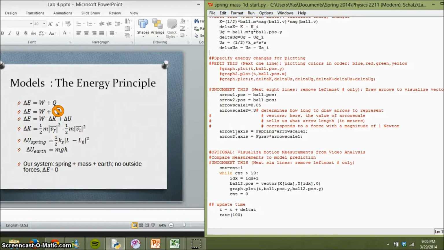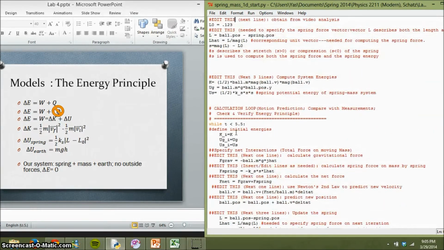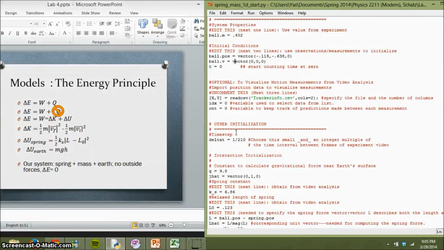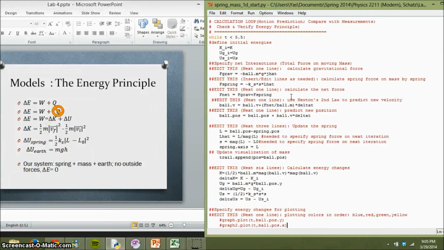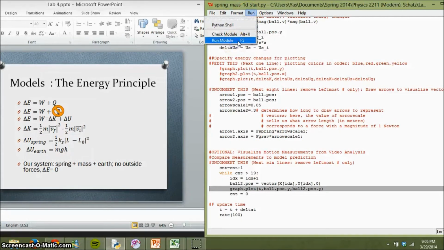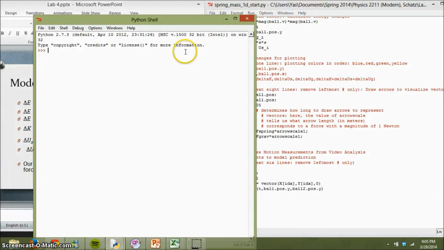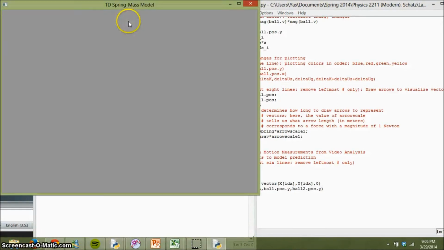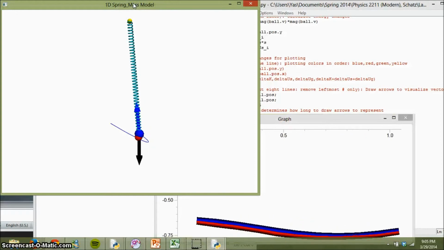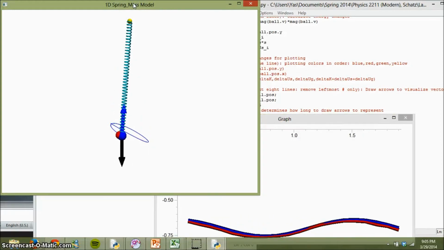Now we compare this energy data with the data that we got from Tracker. First we need to upload our CSV file that we created earlier with our information from Tracker right here. Now we have to alter the while loop to correspond with the information from Tracker. When we run our module and look at the picture of the spring moving, we see that the two balls are very close to each other.